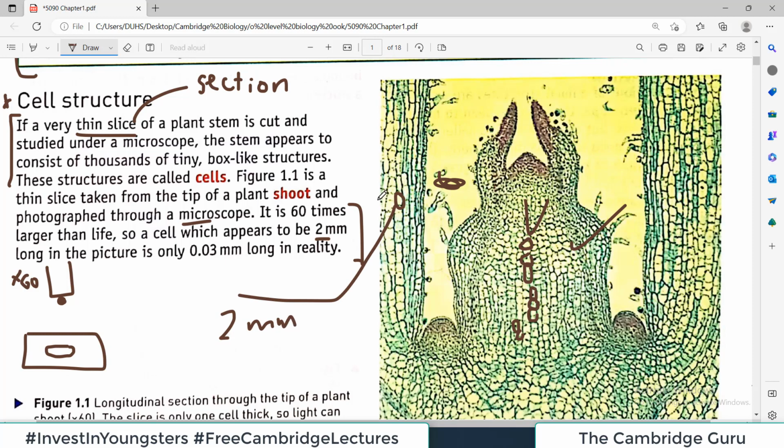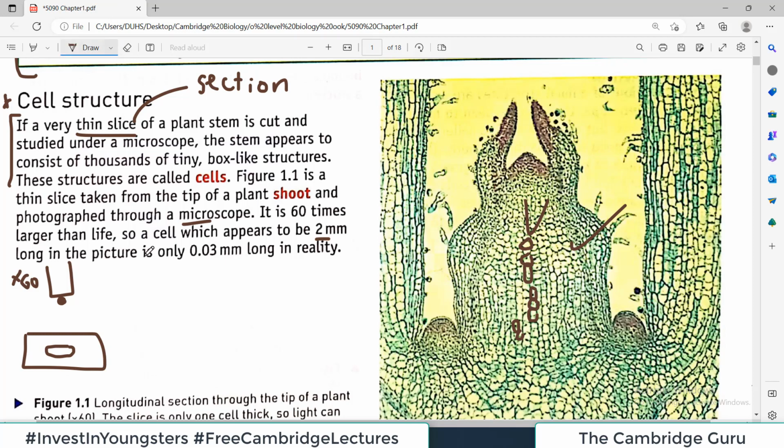Okay, now 2 millimeter is not the real size of the cell, because you are looking at the cell 60 times enlarged. So this is not actually the real size. If you have to tell the real size of this cell, what you need to do is divide this by 60, because this has been multiplied by 60. Let me go a little slow over here.